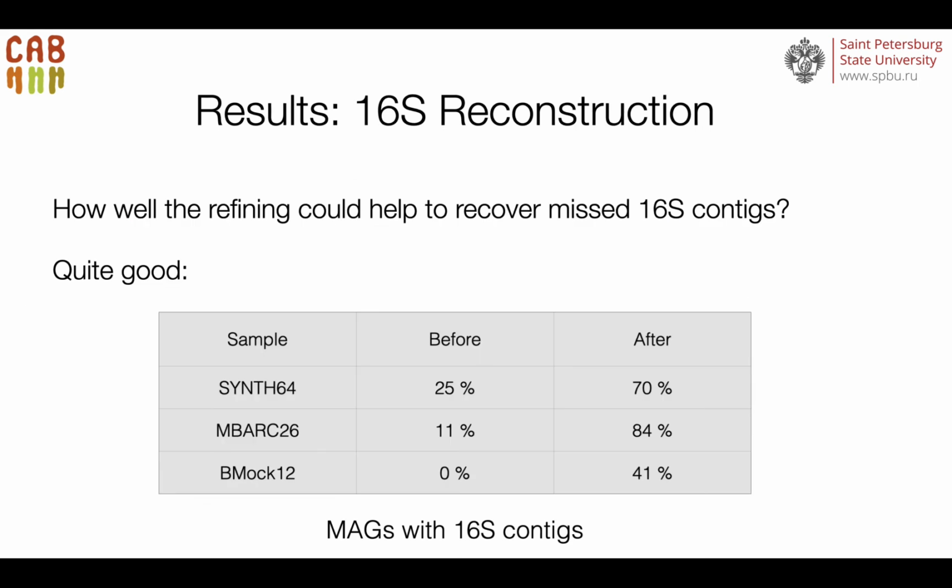In the beginning, I told that many conserved genes, for example, ribosomal genes, are missed from the MAGs, and it's quite a problematic thing. So in order to check how the binning refinement works here, what we did is check the proportion of MAGs with 16S content before and after refining.